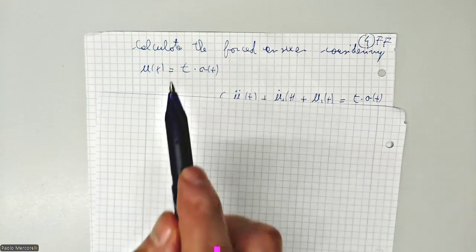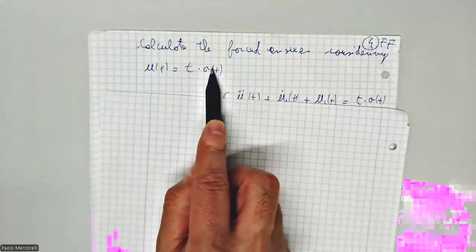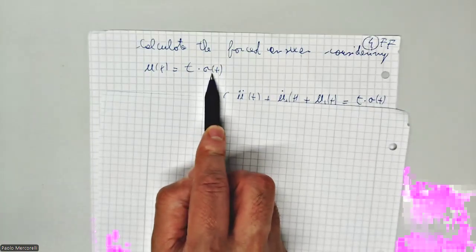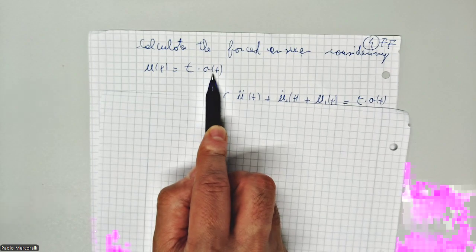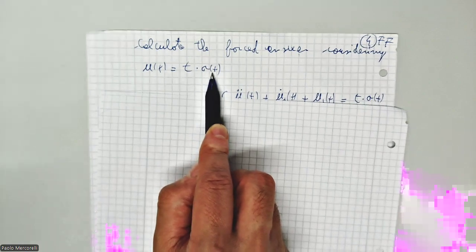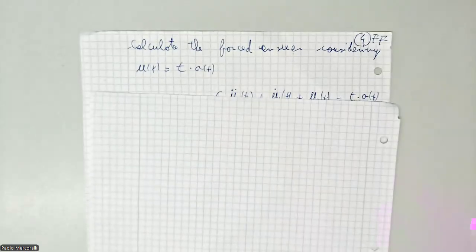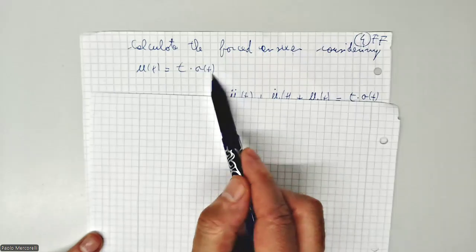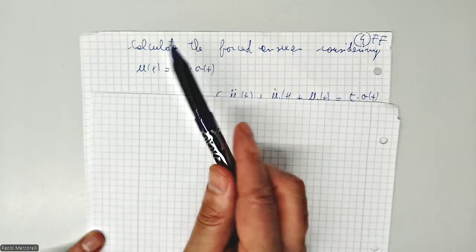It is 0 for t less than 0, and 1 for t equal or larger than 0. This represents exactly the time at which I am starting. Just to introduce a new concept, until now we didn't consider this way to express it.